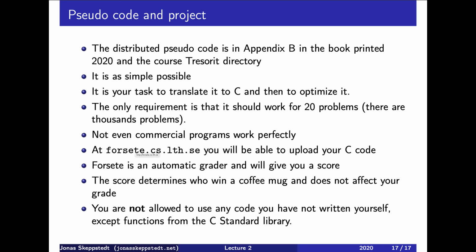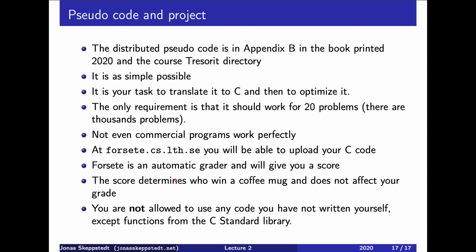And also you should enter your STIL ID. Then Forsite, this automatic grader, will run the program and give you a score. The score is written to this Power 8 machine, so you can find it.